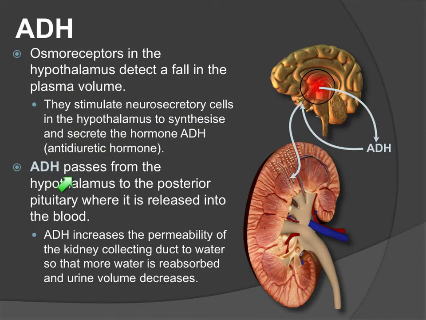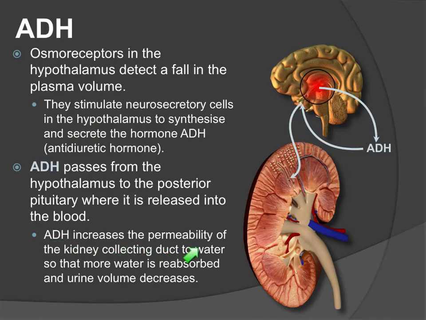ADH then travels from the hypothalamus down to the posterior pituitary. Remember, the pituitary gland is this little gland just below the hypothalamus, and this is where it is released into the bloodstream. The hypothalamus is really nerve cells, so it needs to link into an endocrine gland, like the pituitary, to translate that message from a nerve message into a hormonal message.